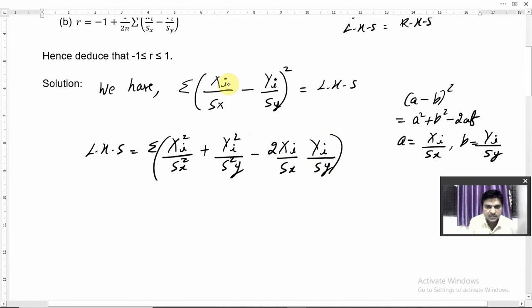What I have done is just taken this and squared it. Okay, finish. Then take the summation inside.